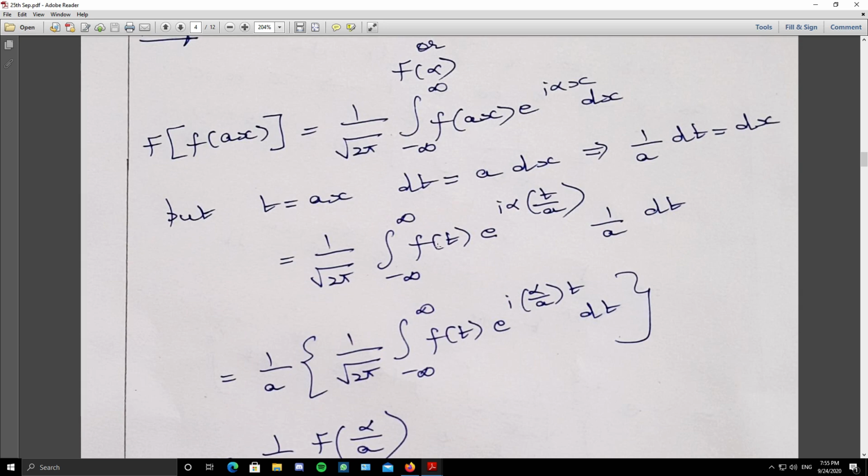Ax is t, so f of t, e power i alpha, what is x? T by a. And what is dx? 1 by a dt. I repeat, we are taking t as ax. A is a constant, so dt equals a times dx, or dx equals 1 by a dt.